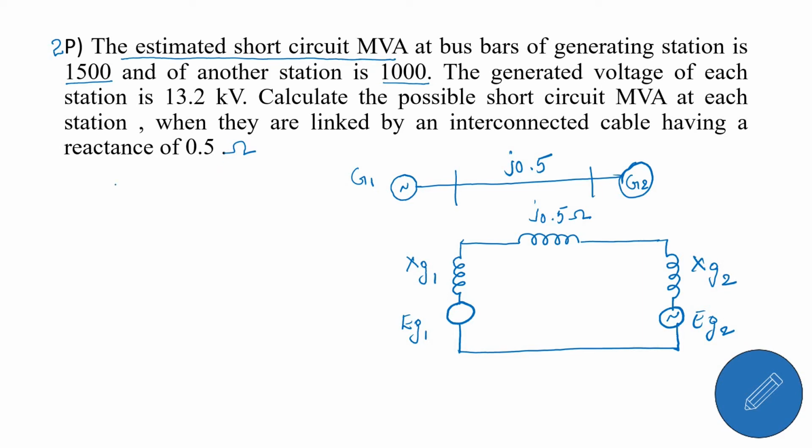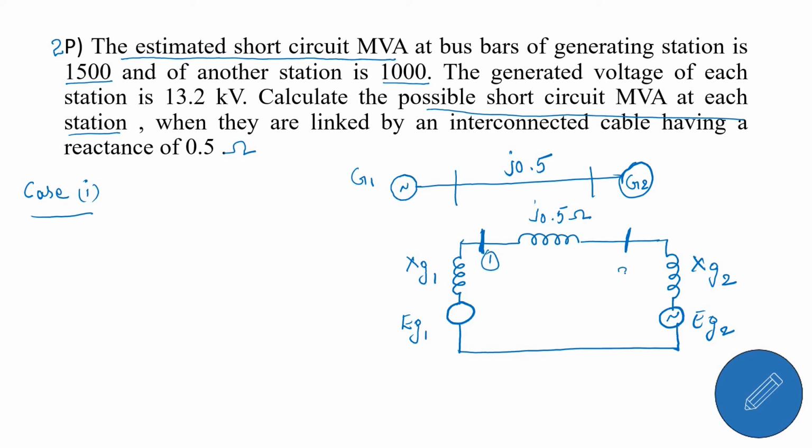To find the possible short circuit MVA at each station, there are two cases here. This is bus 1 and this is bus 2.